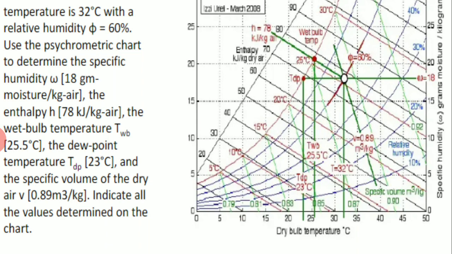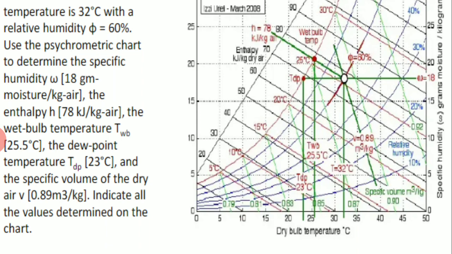It is nearer to 80, so you can take it as 78 or 79 kilojoules per kg. I'll repeat: the fixed point lies in between 70 and 80 kilojoules per kg. Take a scale parallel to the wet bulb temperature lines and obtain that value, the H value. So it is 78 kilojoules per kg of air.